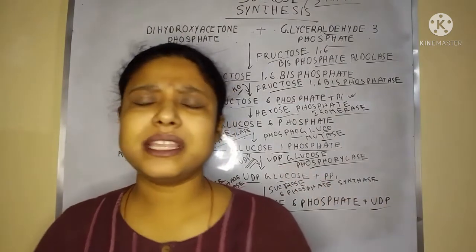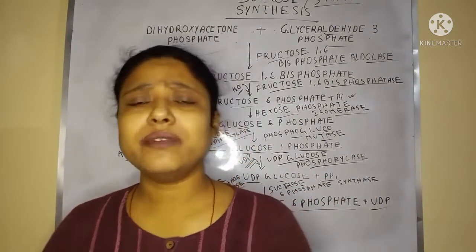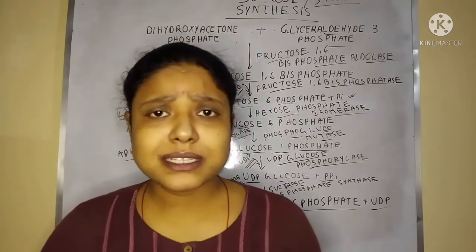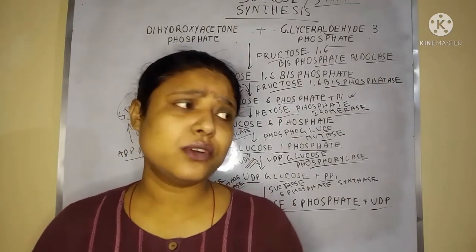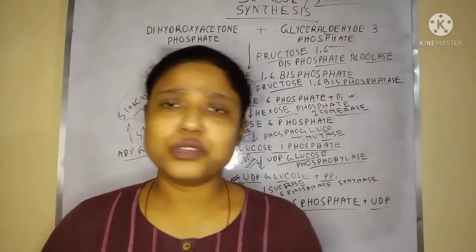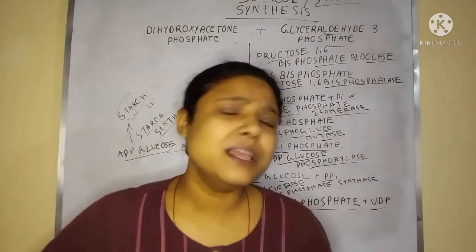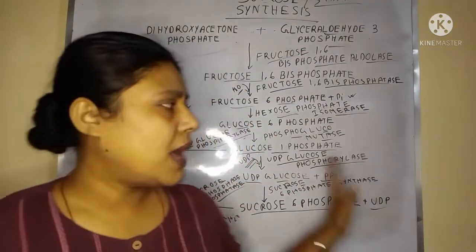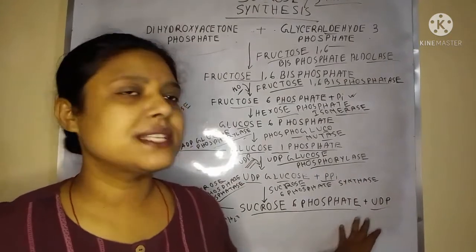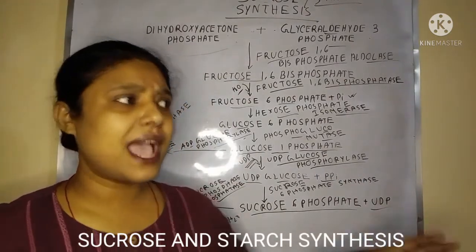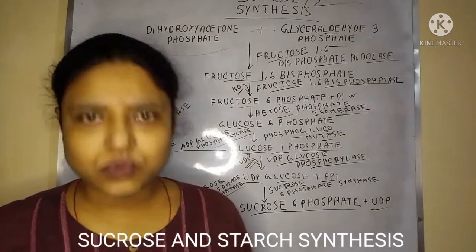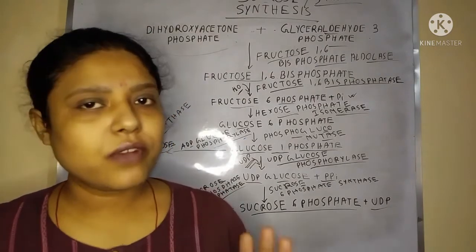If I get any more time, then I will discuss the factors that are very important for photosynthesis. But this is very easy, you just learn it from any book. So up to this, the sucrose and starch formation, and the other topics I just told you, are very important for photosynthesis.